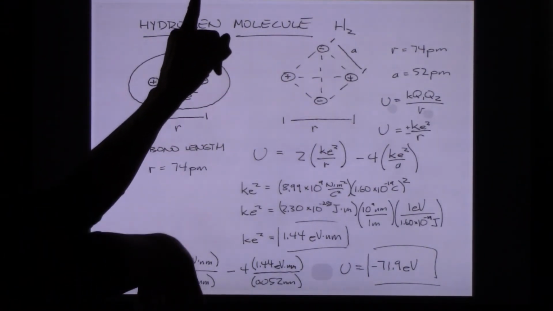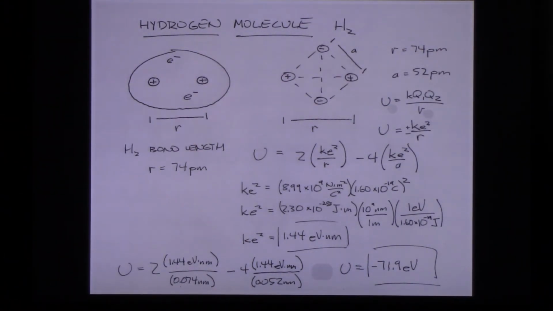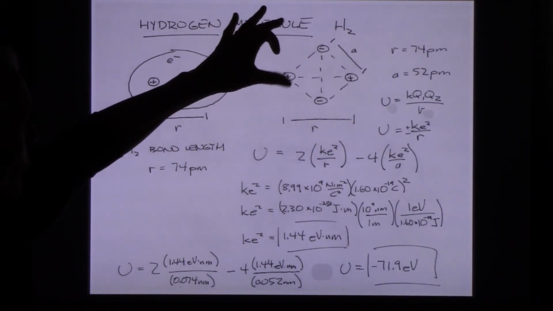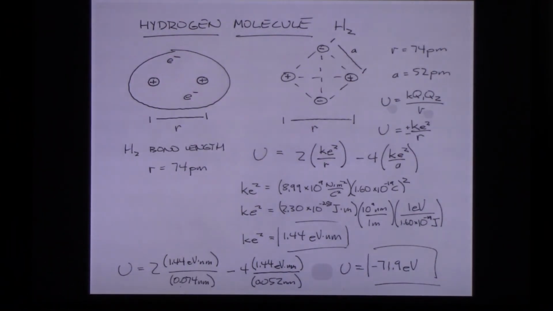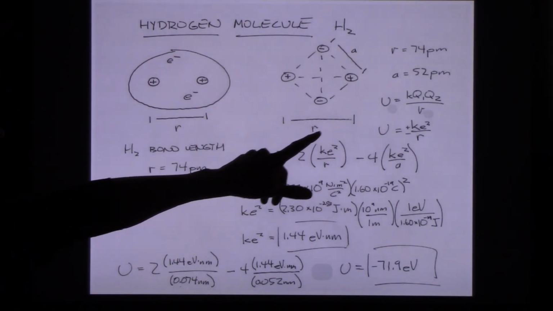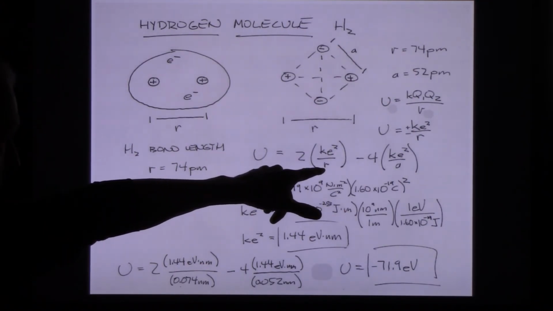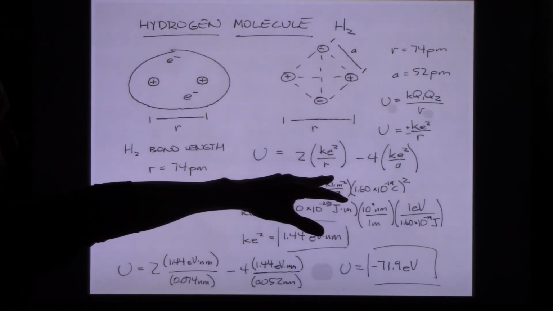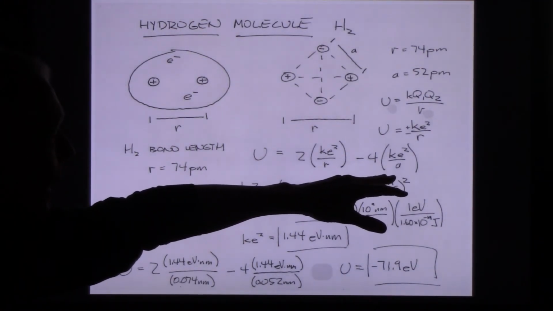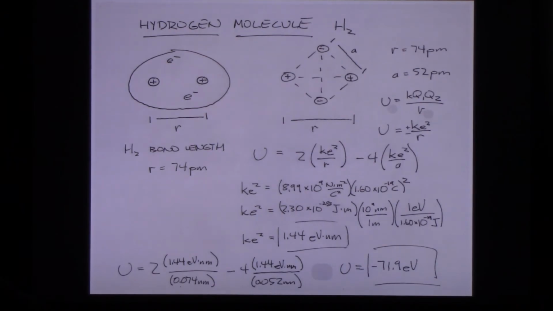The 2 electrons are repelling each other. And for each proton-electron pair, there's an attraction taking place. So if I think of this in terms of potential energy, I'm going to have 2 repulsive terms with a plus sign, and 4 attractive terms with a negative sign.